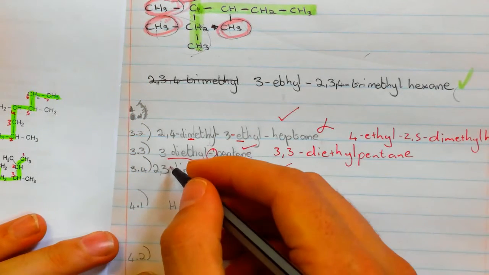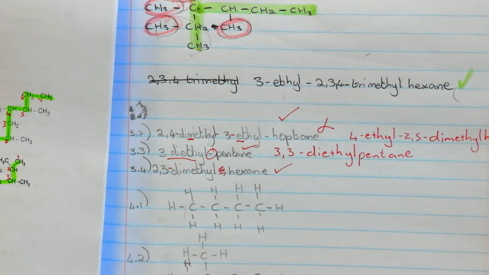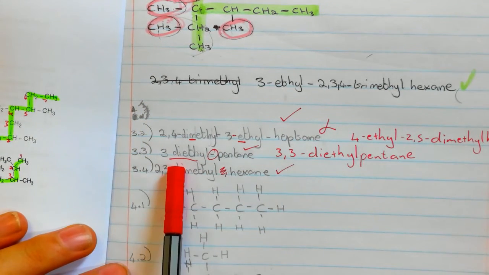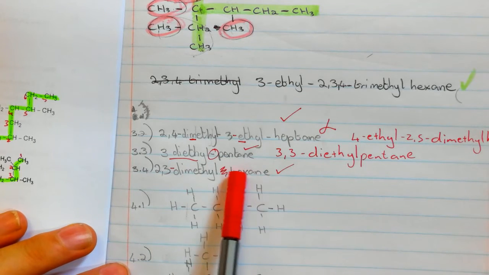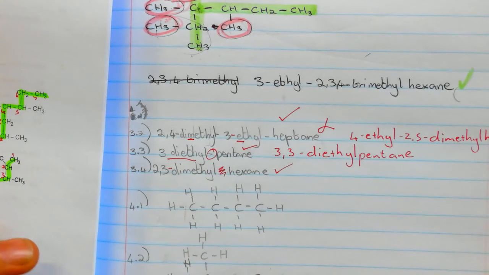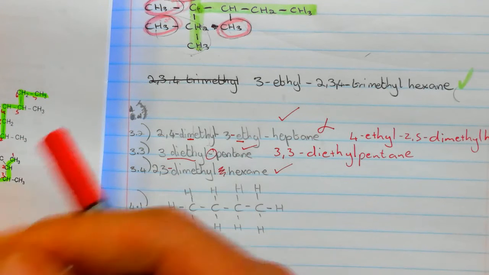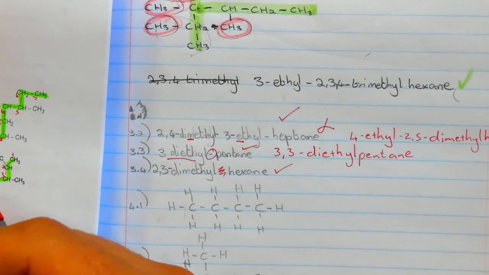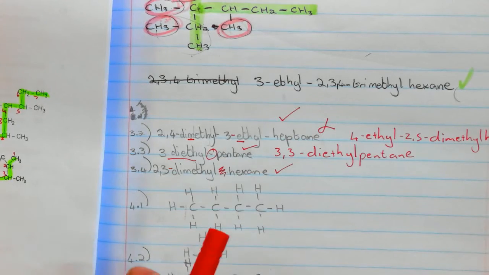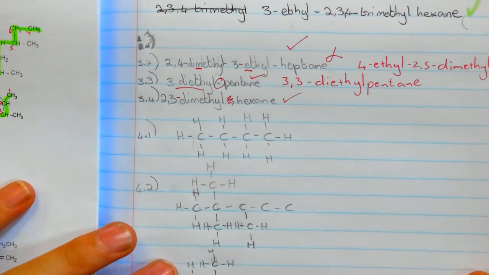And between the 2,3 and the dimethyl, it's 2,3-dimethylhexane, no space there. Okay, Kutlwano, everything here is looking good. Just the small things that we got to fine tune. Cool? Then let's continue to the structures.